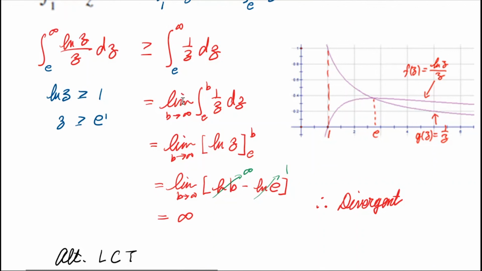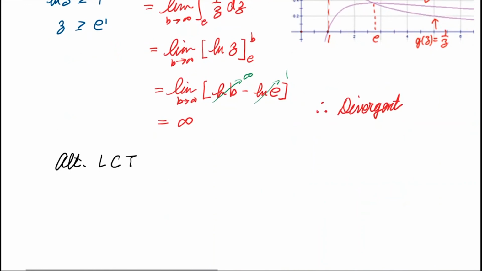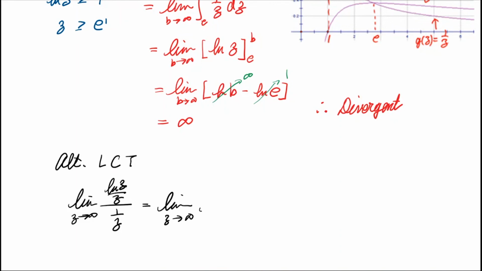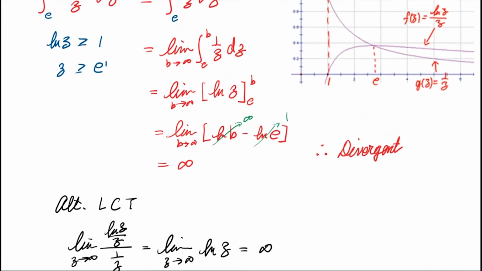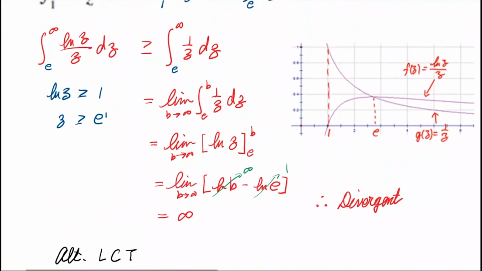We can still argue like this, with the limit of ln z over z divided by 1 over z, as z approaches infinity. That is the limit as z approaches infinity of just ln z, which is infinity. So we figured out the limit of this is infinity.